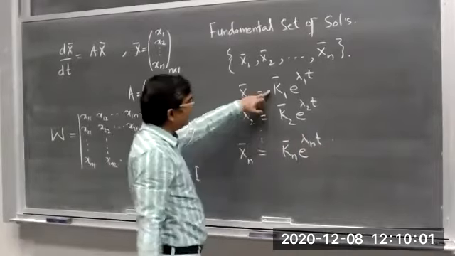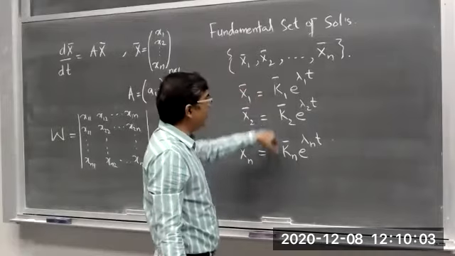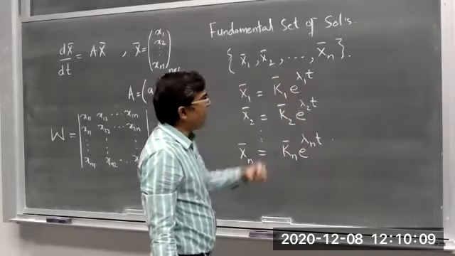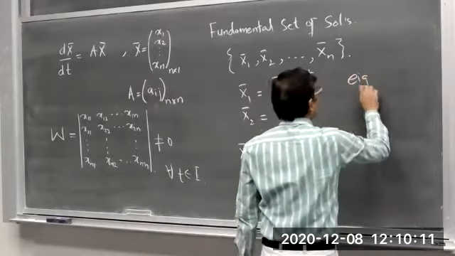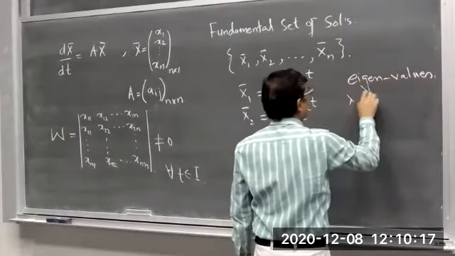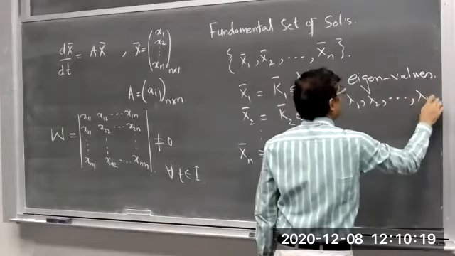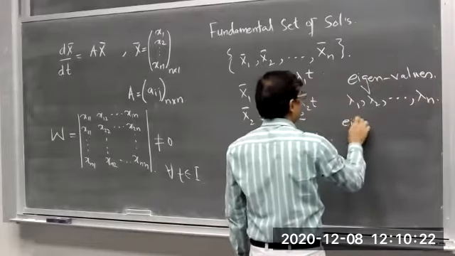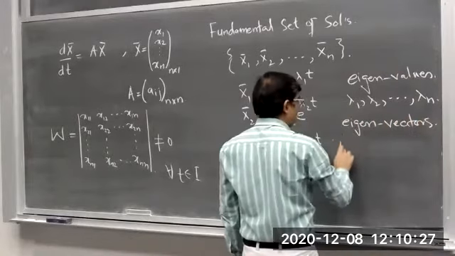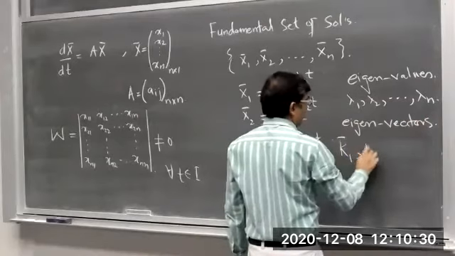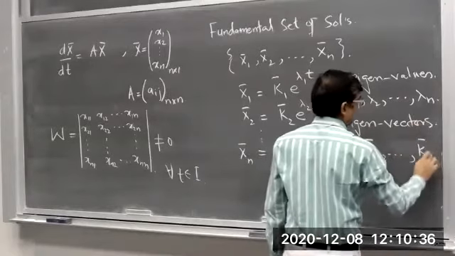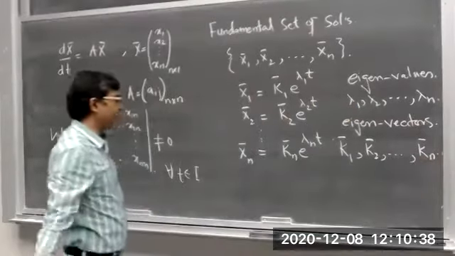What were these vectors k1, k2, and so on, kn, and what were these constants lambda 1, lambda 2, lambda n? These lambdas are eigenvalues, and the corresponding eigenvectors: corresponding to lambda 1 there was a k1 vector, corresponding to lambda 2 there was a k2 vector, and corresponding to lambda n we had a kn vector.